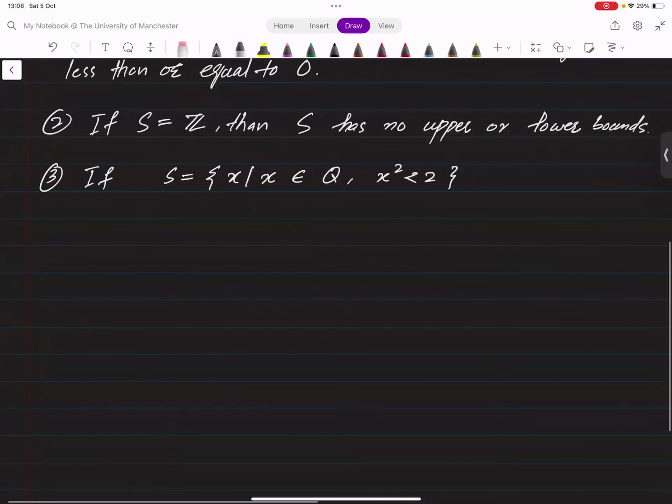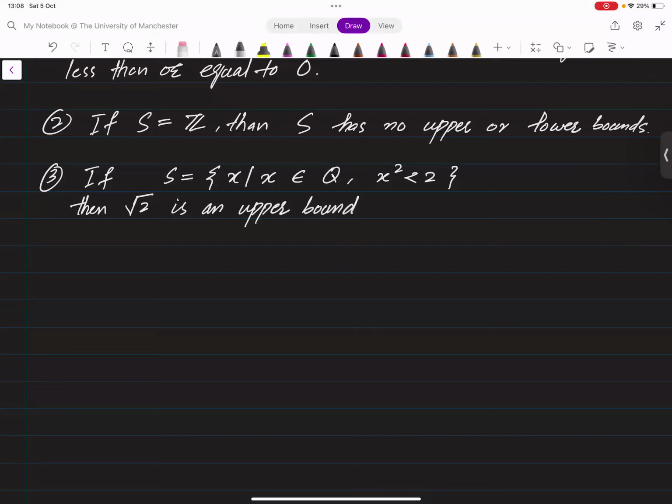Then square root of 2 is an upper bound for the set S, and minus square root of 2 is a lower bound.